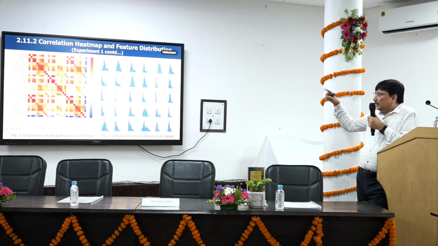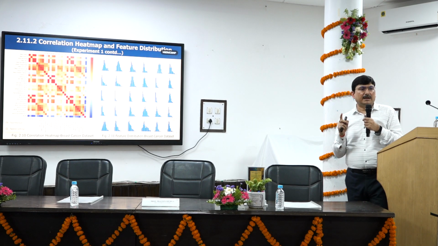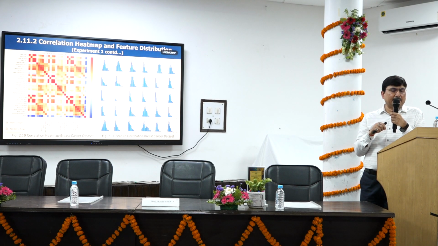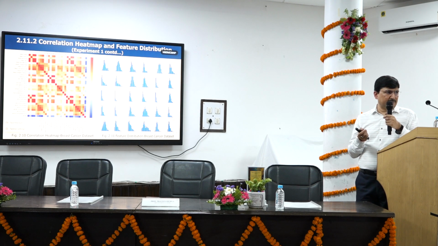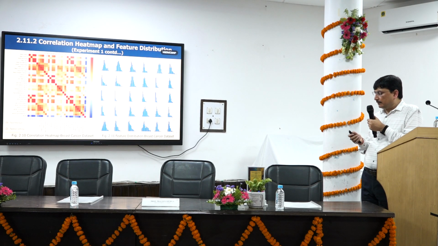This is one of the heat maps, the correlation heat map. Otherwise, you can express this with a number, and that number will be from -1 to +1. If it approaches 0, there is no relation. If it approaches -1 or +1, then yes, there is a relation, maybe positive or negative.